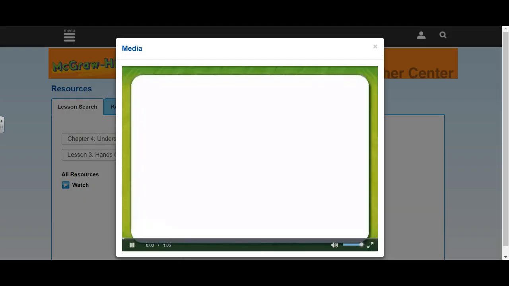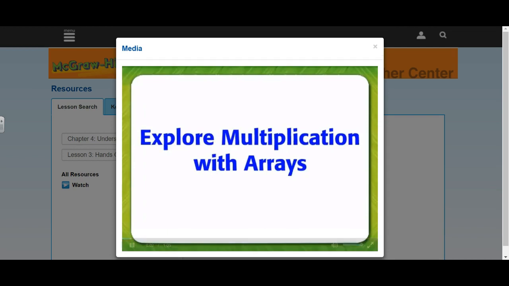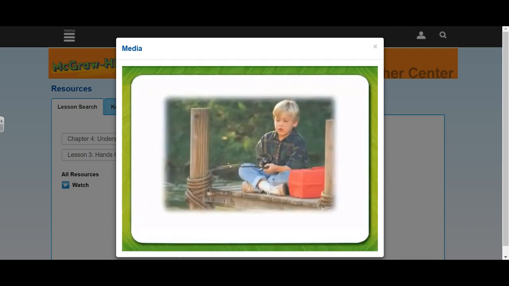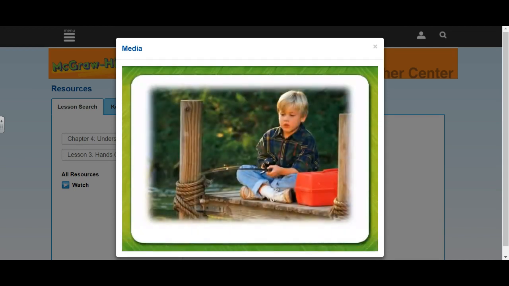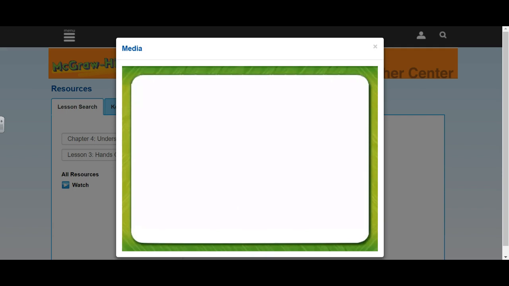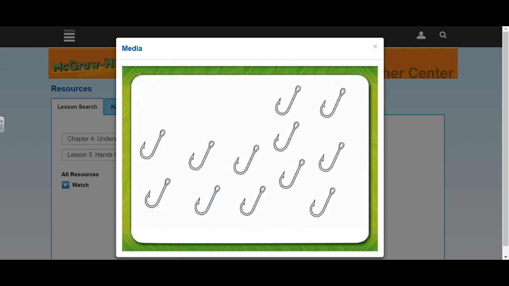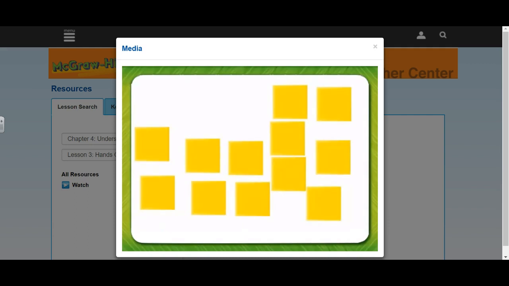Watch a little video. Explore multiplication with arrays. Parker bought 12 fishing hooks. How can he put them in his tackle box so they are in equal rows and columns? We can use an array and repeated addition to model the multiplication. Each tile represents 1 fishing hook. First, arrange 12 tiles in a rectangle. We need to arrange the tiles in equal rows and columns.